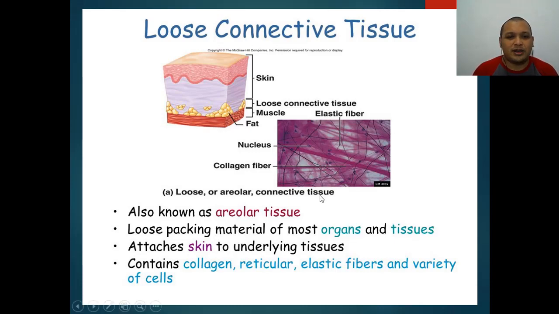The important thing here is that it consists of many collagen, reticular and elastic fibers, and also a variety of cells, and one of the cells is the fibroblast. When you get older, the amount of this tissue becomes less, and that's why you will have wrinkles on your skin.